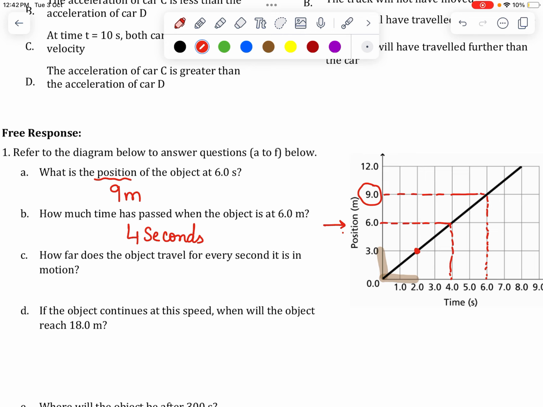So every 1 second he's doing only half of the 3, which is 1.5. So basically he's doing 1.5 meters every 1 second.